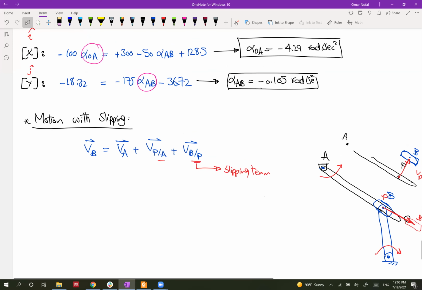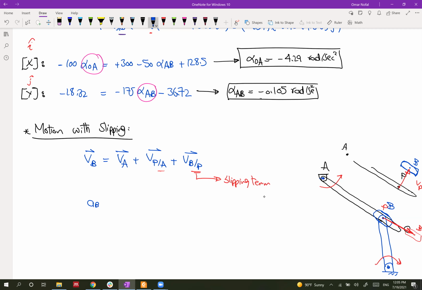If we want to write the same thing for the acceleration, we'll have AB equal to AA plus AB with respect to A plus AB with respect to P. And this is the slipping term. But for the acceleration, it's much more complicated because each one of these has a tangent and normal component.